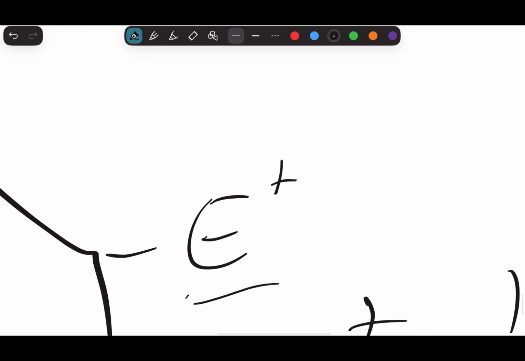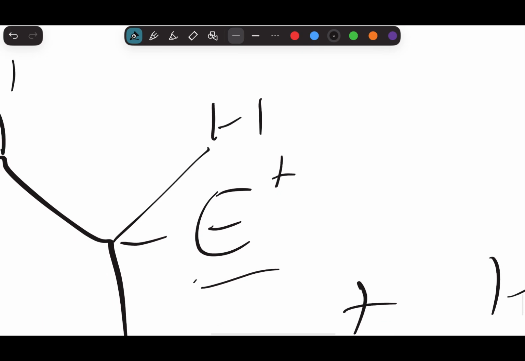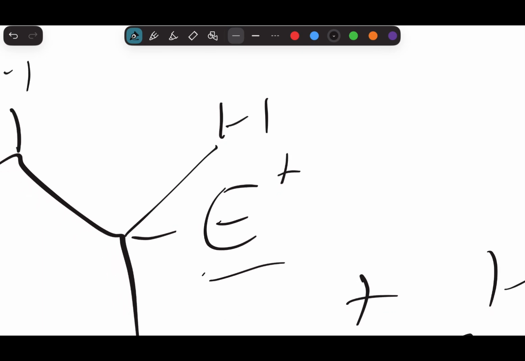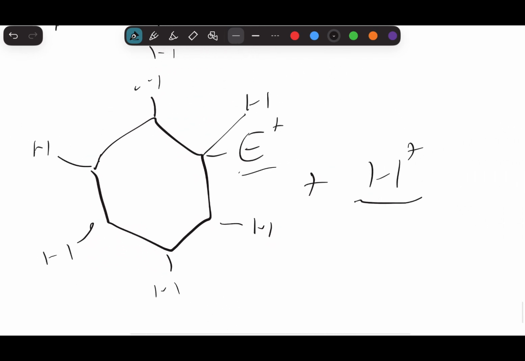The intermediate is when both hydrogen and the electrophile are there. So if we go back to what I just said, you and the elderly are sitting on the same chair. You are both there. This is the intermediate. And then it'll form the H plus.